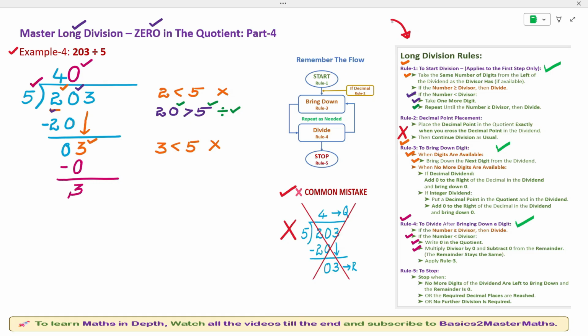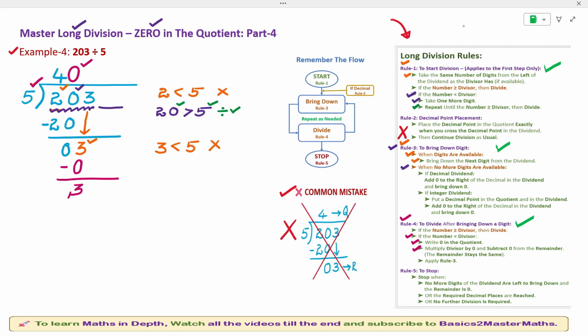Observe, 203 is an integer and there are no more digits in the dividend to bring down. So let us apply rule 3 again.